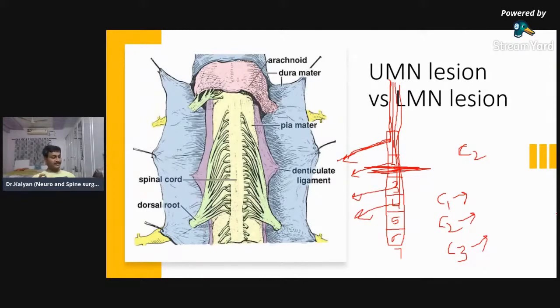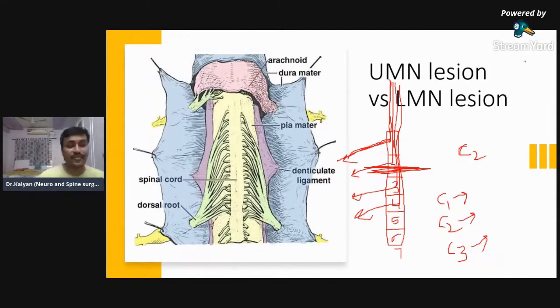Dr. Ramanathan says UMN, Dr. Abdul says LMN. Is anyone going to say it's going to be normal? Dr. Abdul, I didn't understand. Is it UMN or LMN? So Dr. Shivang said C3 is normal.